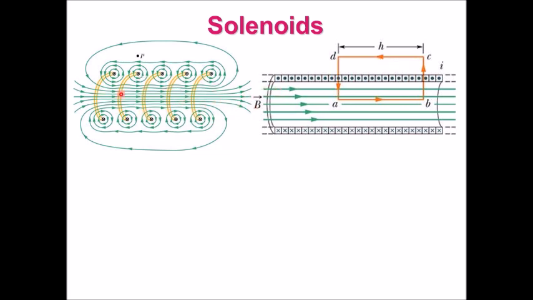In a real solenoid, you see that the field lines, especially in the region in the center here, are quite parallel, and the field seems to be uniform here. When you go out, especially if you go away from the solenoid a bit, the field lines are away from each other. Okay, so the magnetic field here is weak.